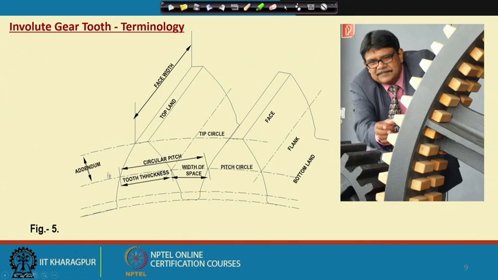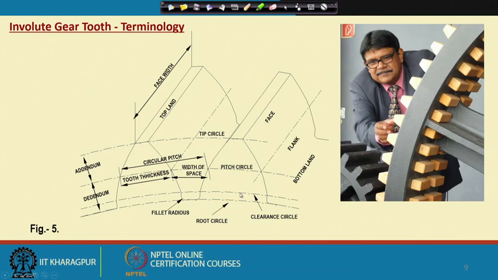Now, this height is called addendum, and this portion is called dedendum, and this is the base circle. This point is called the root. This is called fillet radius. This is also called root, and this circle is called root circle, or sometimes dedendum circle, and this is the addendum circle or tip circle, and this is the clearance circle.